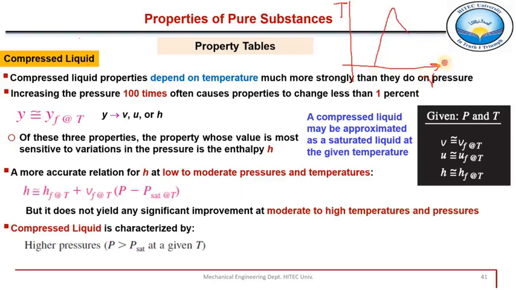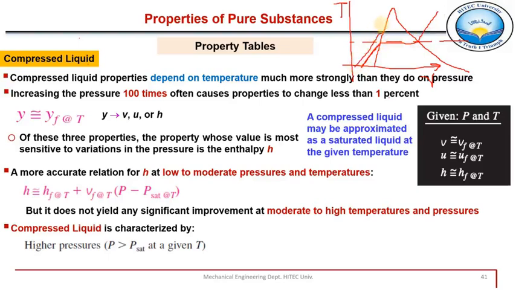On this diagram, this is, for example, the dome, and here is one temperature line at a given T. What is this pressure? For this T, that is the saturation pressure.